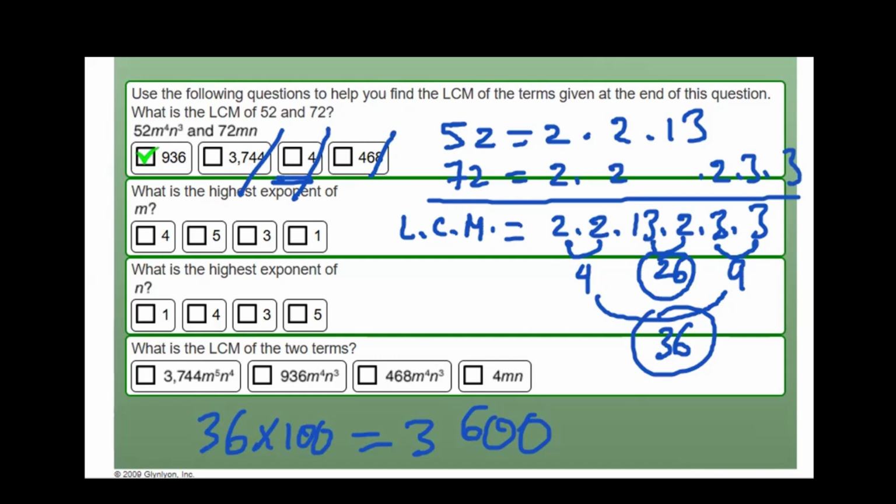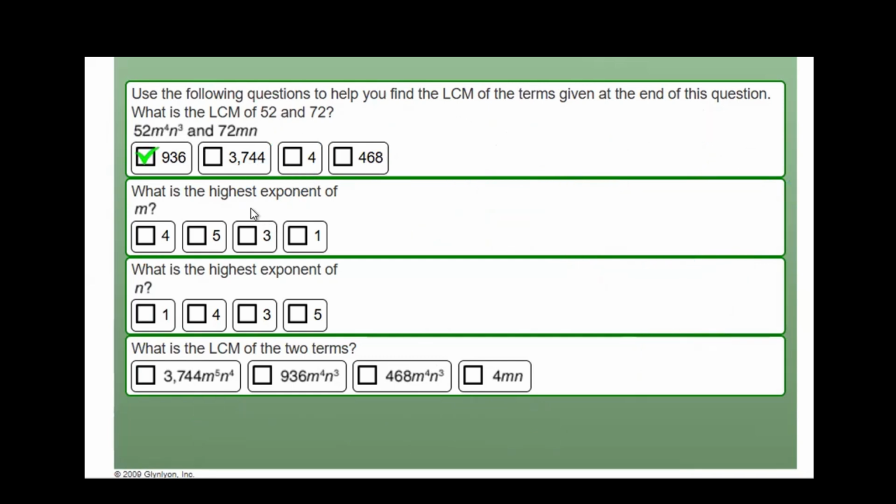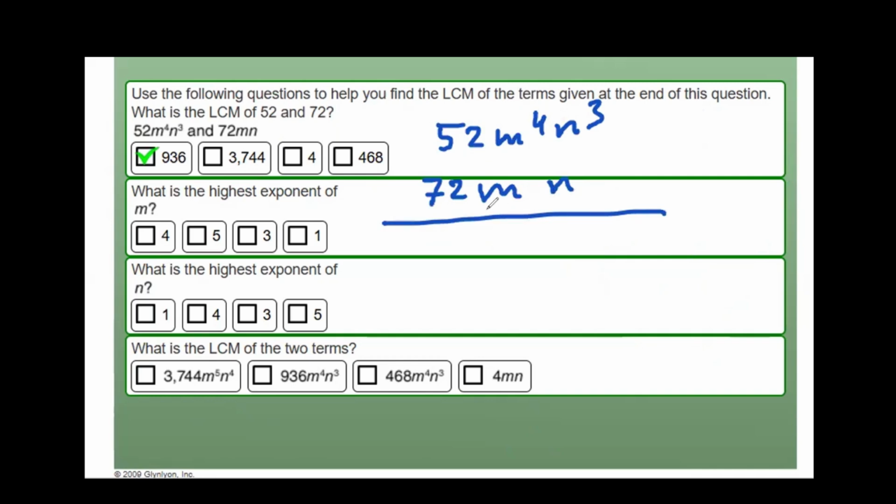Okay. Next. It's saying the highest exponent of m is what? We have here 52 m power 4 n power 3 and 72 mn. So the greatest power of m is m power 4. And what about the greatest power of n? n power 3.